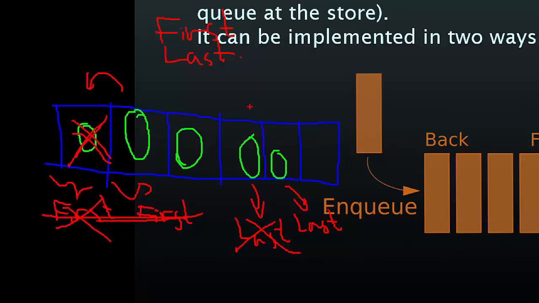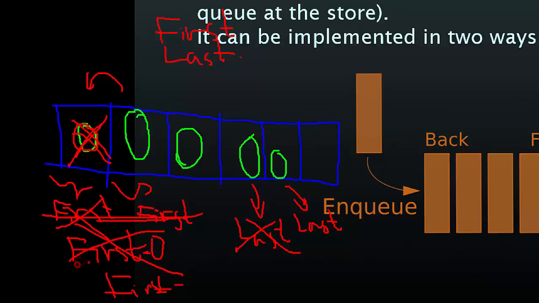Yes, no? Is it confusing? We just need the index of the first element, which at first is going to be 0, right? We add some elements, first is still 0. Once we delete an element, we just say first plus plus is going to be 1.